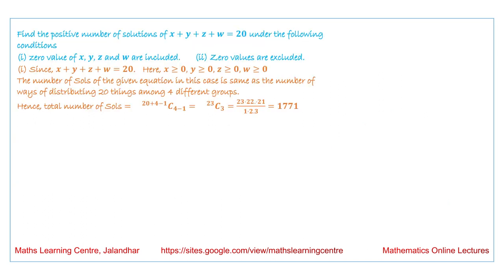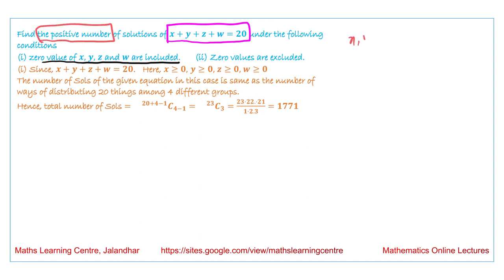Next: find the number of solutions of the equation x plus y plus z plus w is equal to 20 under the following conditions. First, 0 values of x, y, z, w are included. It means these values should be greater than or equal to 0.